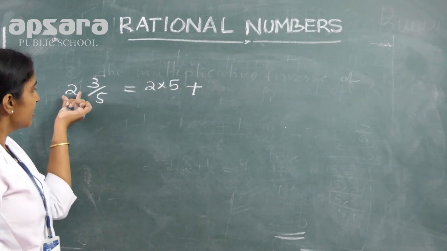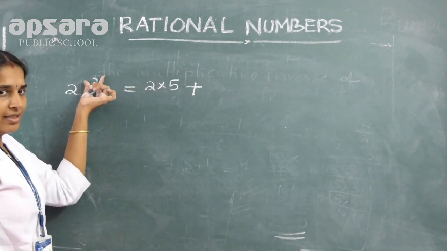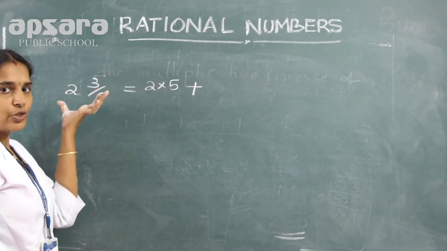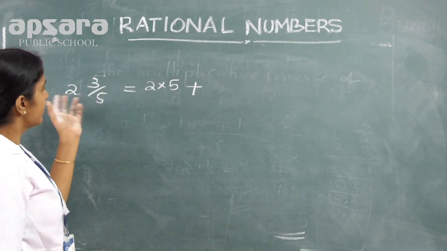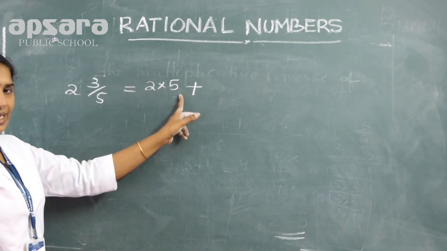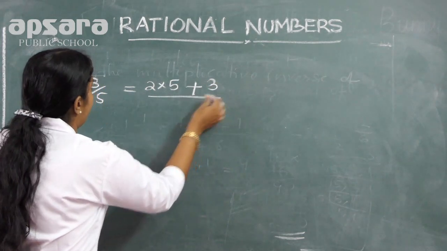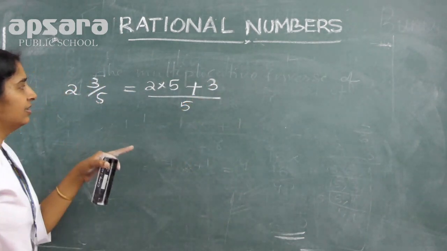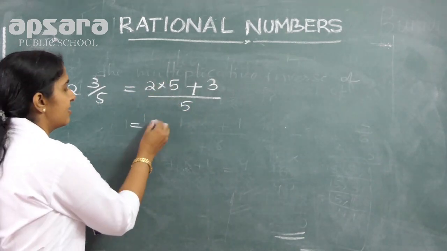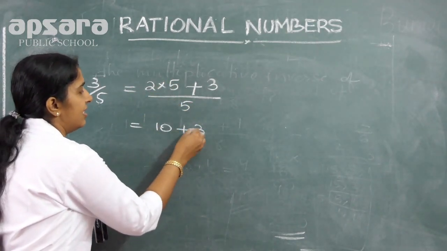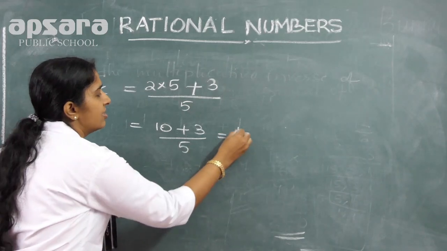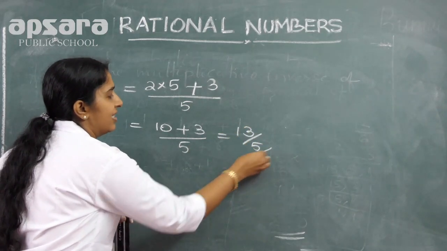So actually this is the quotient, remainder by divisor, that is the usual format. Okay. Now let's see, 2 into 5, 10 plus 3 divided by 5. 2 5s are 10 plus 3 by 5, which is 13 by 5.